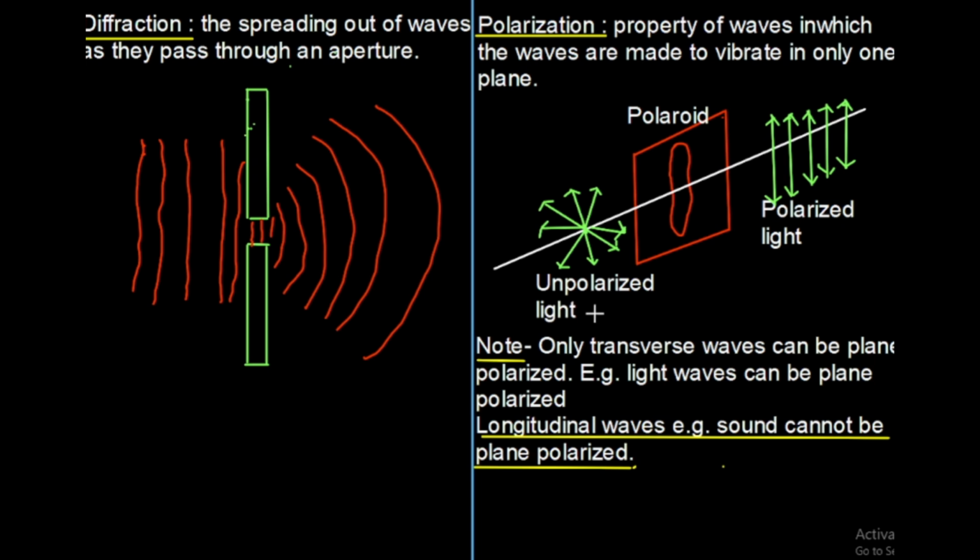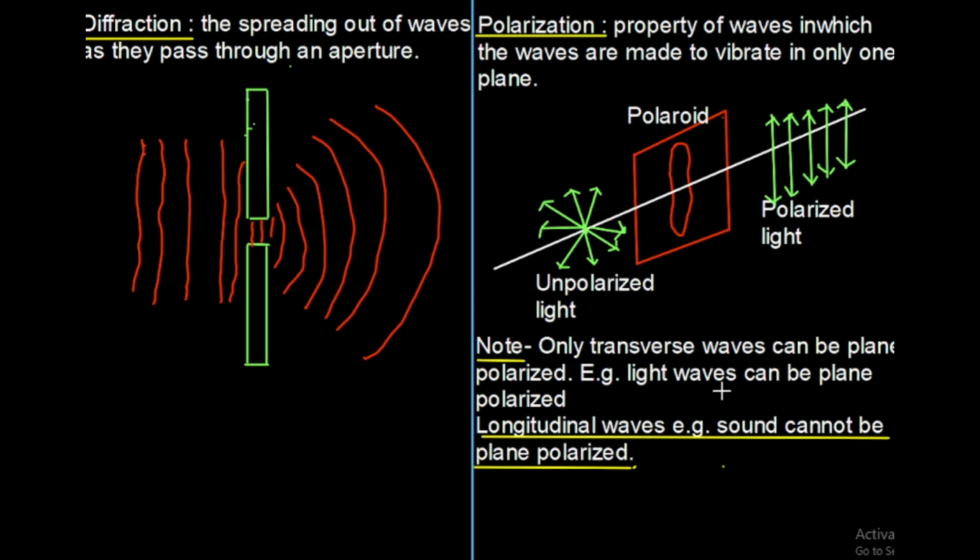Now please take note of this. All transverse waves can be plane polarized. Only transverse waves can be plane polarized. Note it down. Longitudinal waves cannot be plane polarized.